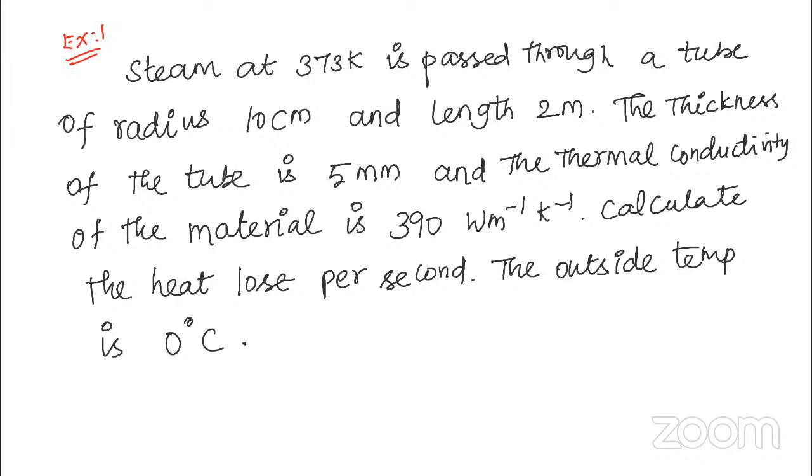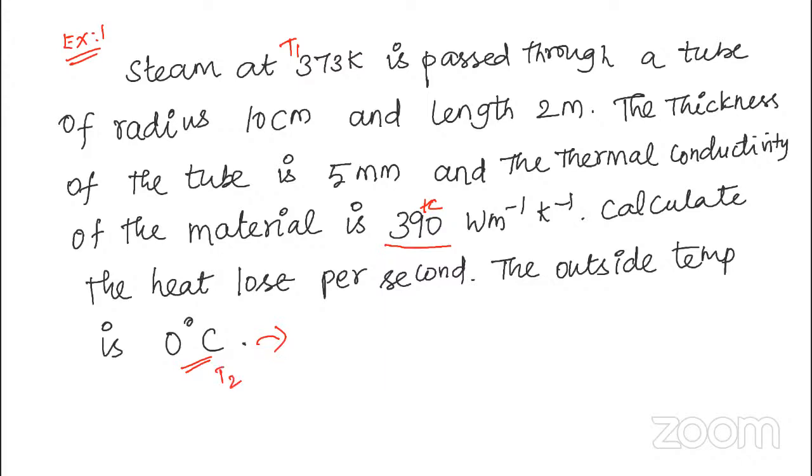They are given the value for K, and the initial temperature, that is T1. Here T1 is there and T2 is the outside temperature. It is given in centigrade, so now we have to convert it into Kelvin. Okay, so this is T2.